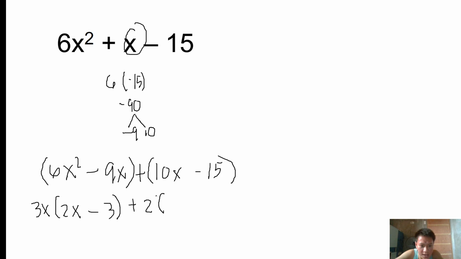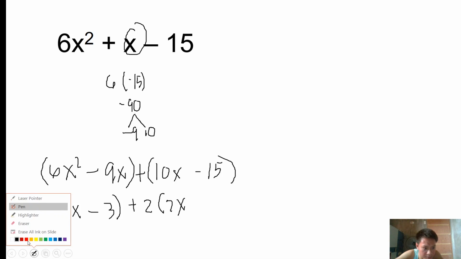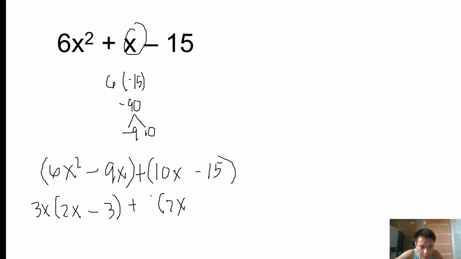Plus 10x and minus 15, meron silang common factor na 5. So, 10x divided by 5 is 2x. Negative 15 divided by 5 is negative 3.